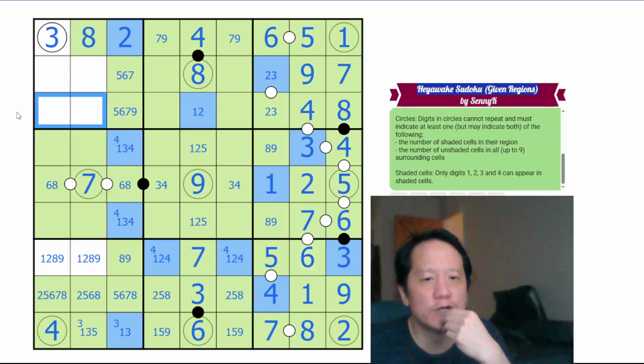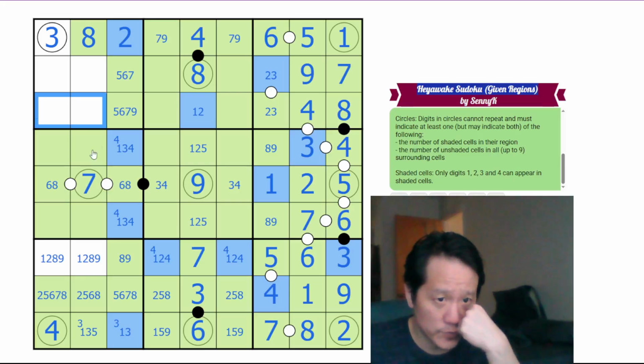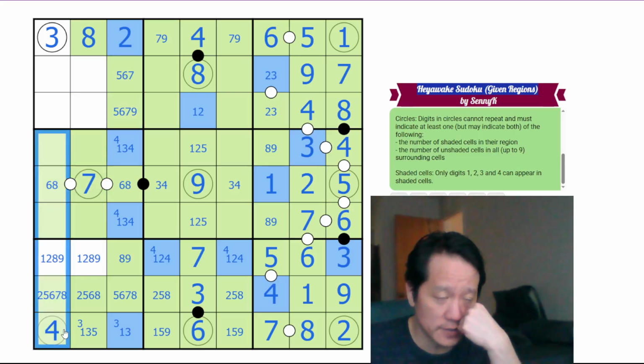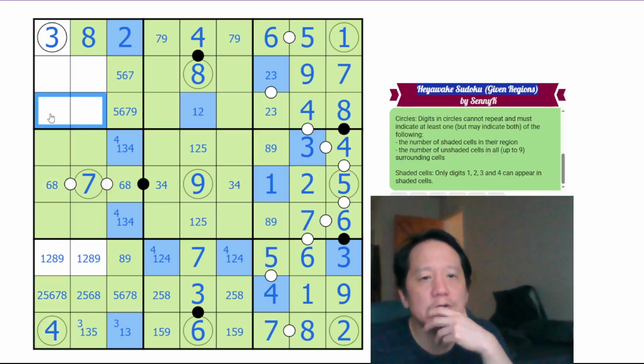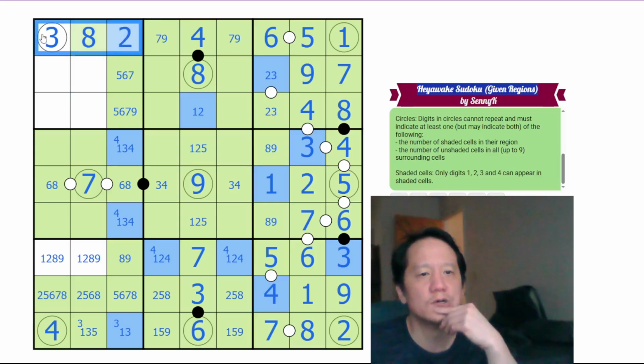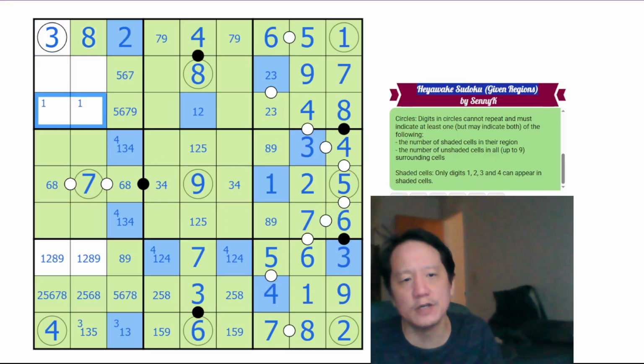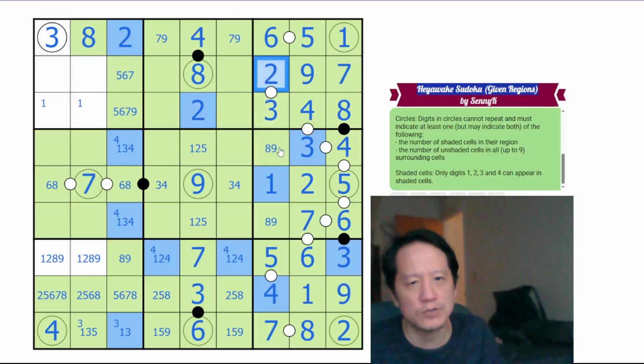We know one of these has to be blue to stop the unshaded cells here. So then that has to be 1, 2, or 3. Cannot be 2 or 3, so this is 1 here, which means this can't be 1, that's 2, which makes this 3 and 2 there. So there's no 2 here, no 2 here.